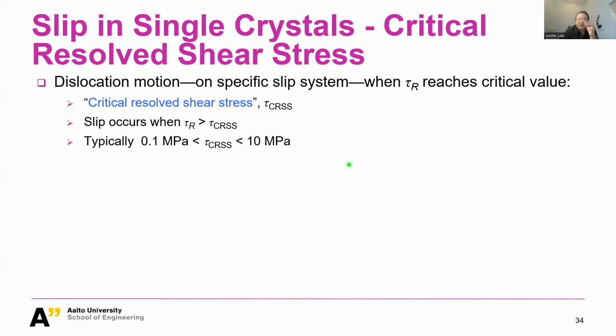You can easily understand this stress tau will be a material intrinsic feature, because you need to reach this tau. Here we express that with R, which is the critical resolved shear stress.